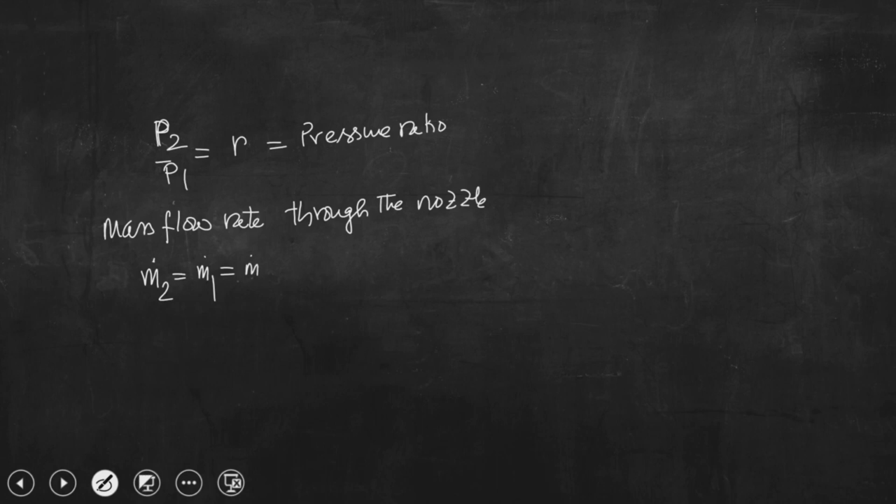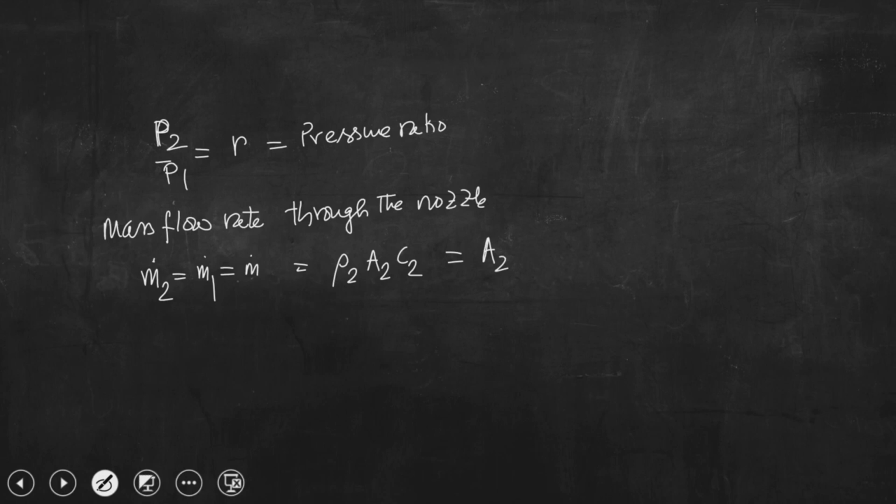This is what we can write from the continuity equation. This m dot 2 is nothing but rho 2 A2 into C2. So, we can write A2, and then rho 2.